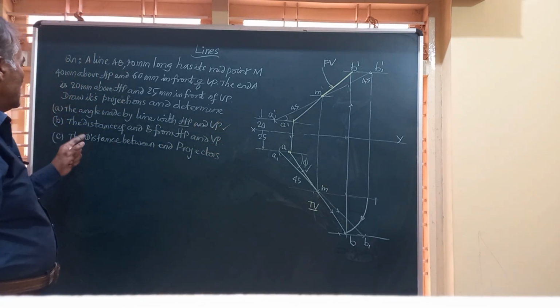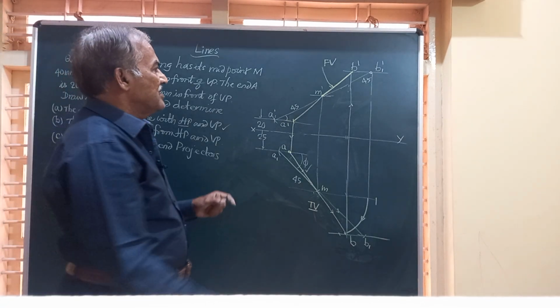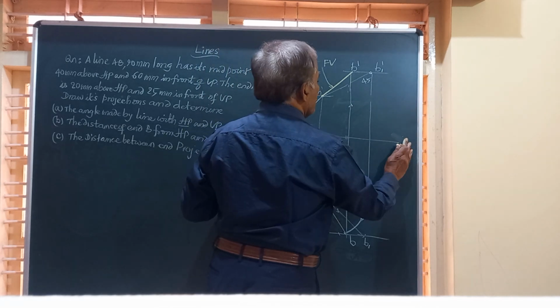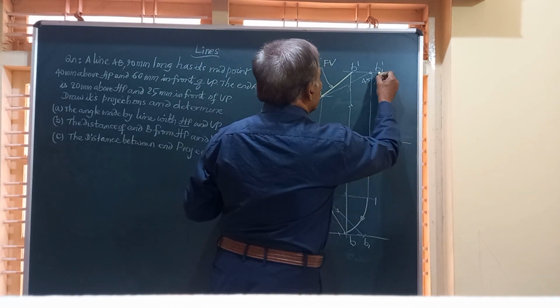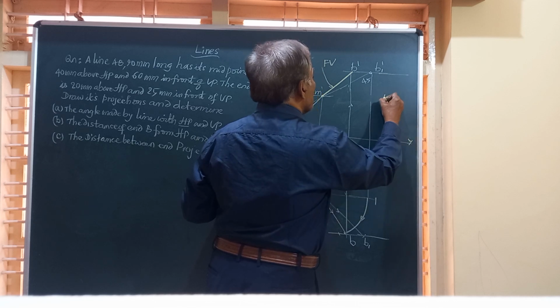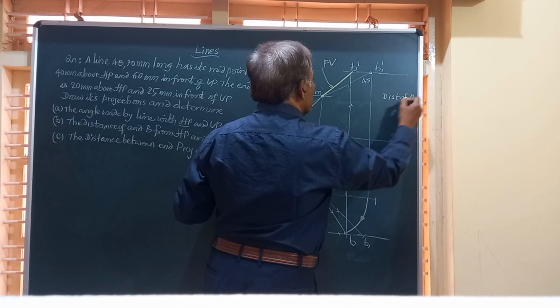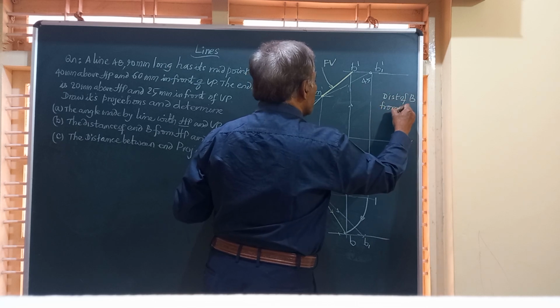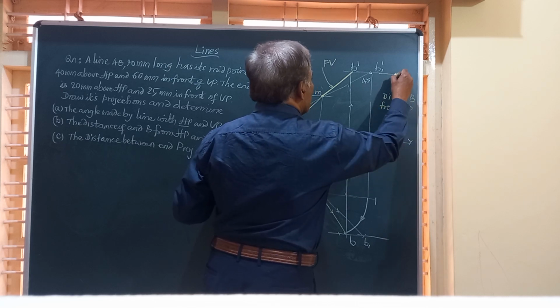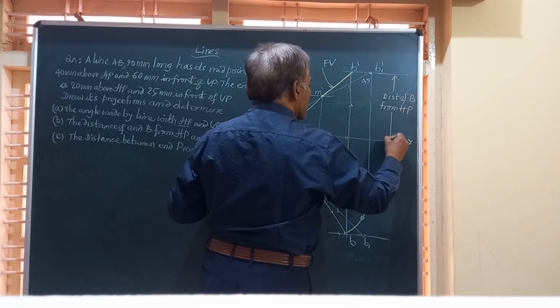Second part says the distance of the end B from HP and VP. B is here. If you can measure the distance between the locus of B and this XY line, this will give you distance of B from HP. How to measure it? We can place a scale between this line and find out the distance.